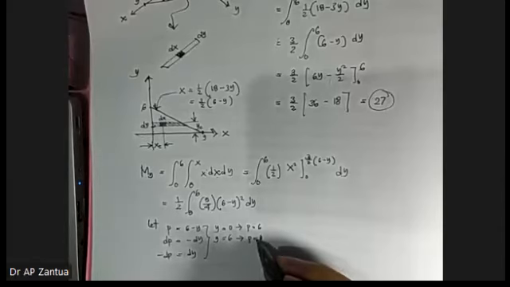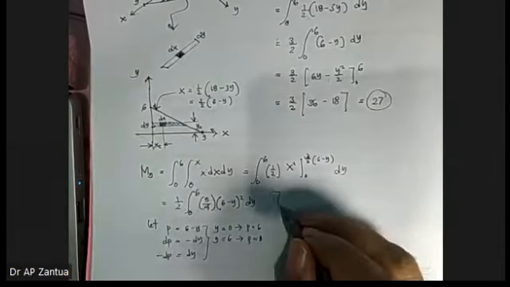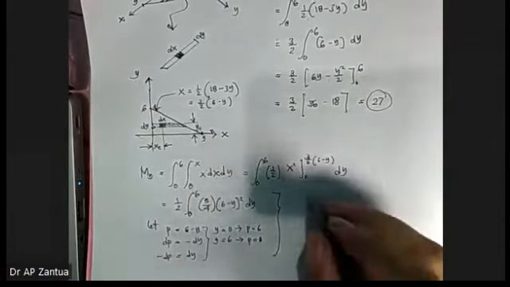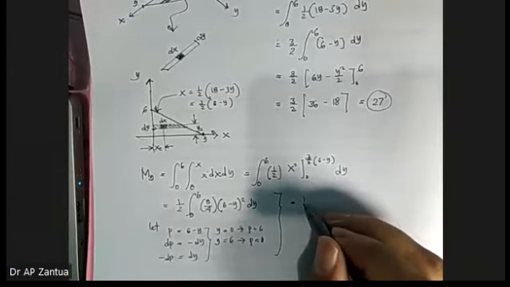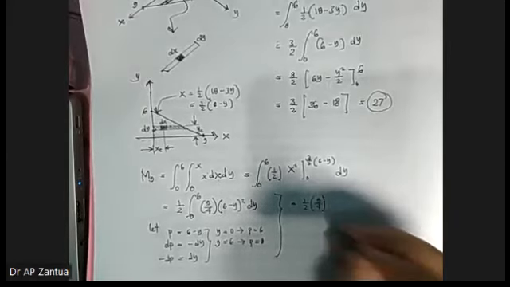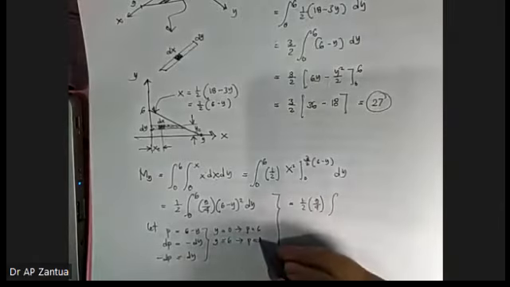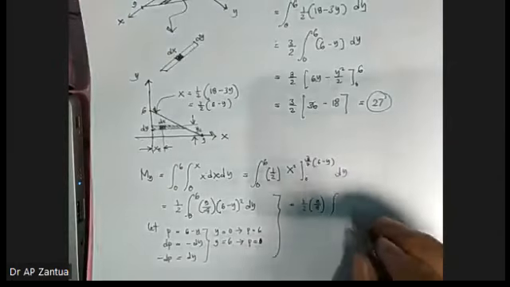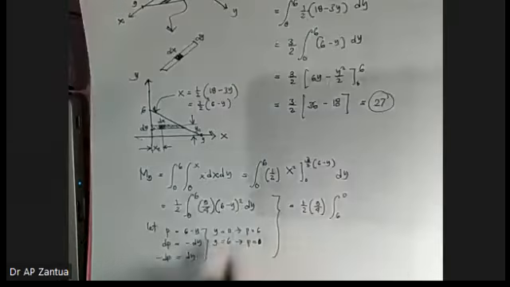So therefore, you can replace the variable. So you have 1/2 times 9 over 4, integral from 6 to 0. But we have a negative here.